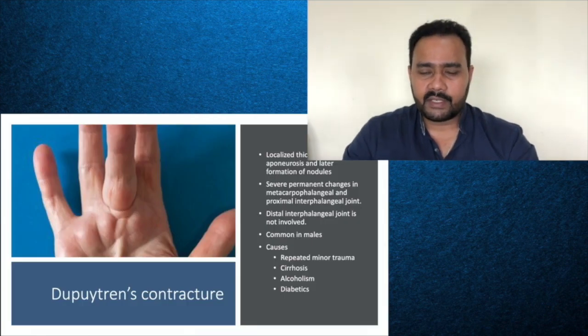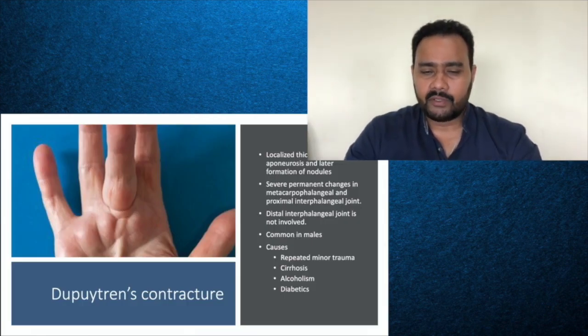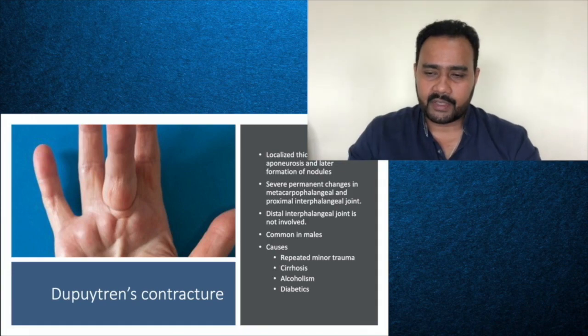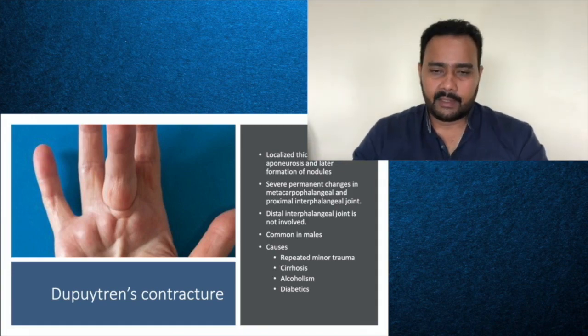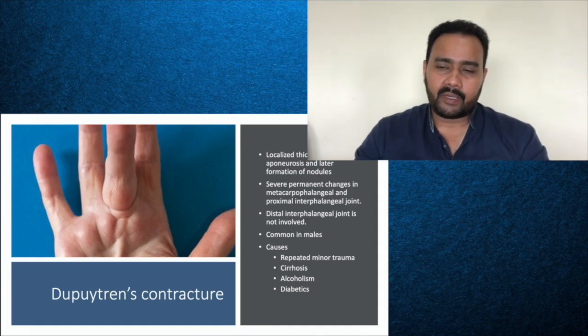There's another condition you should know, called Dupuytren's contracture. For this you should know about the palmar aponeurosis. Usually the palmar aponeurosis is there in the palm, and it is one of the important fibrous structures in the palm.